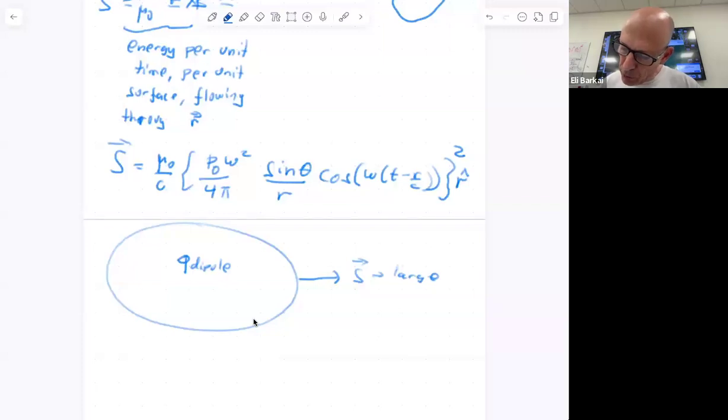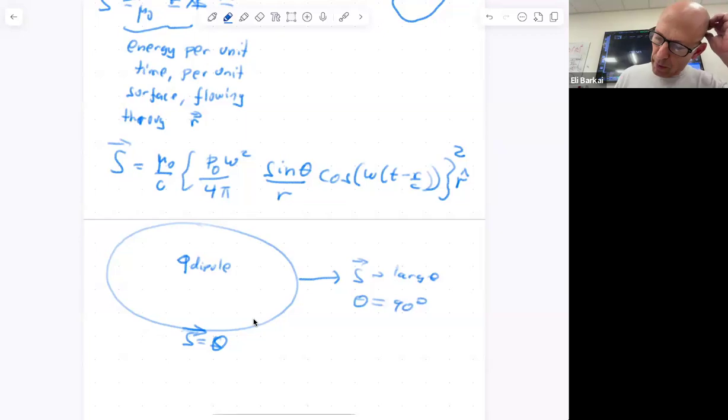Up here or down here, S is 0, because of this sine theta. Again, we said it already. Here theta is 90 degrees. So if you want to receive it, and if this is the z direction, you want to receive it here, not down here.